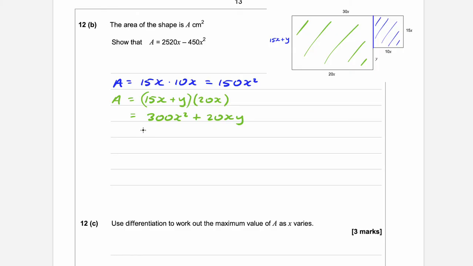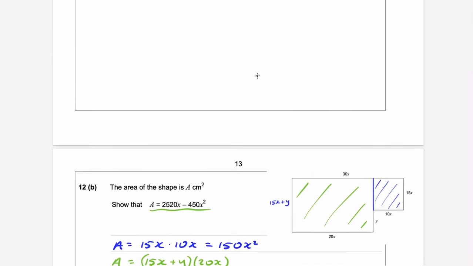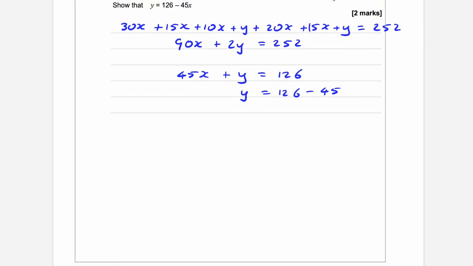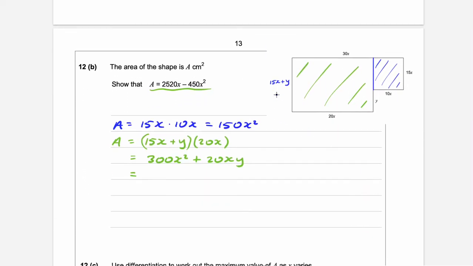Okay, but notice this thing has no y in it, so I need to remove that y. Sorry guys, I just realized I messed that up. This has y in terms of x. So y is 126 minus 45x.